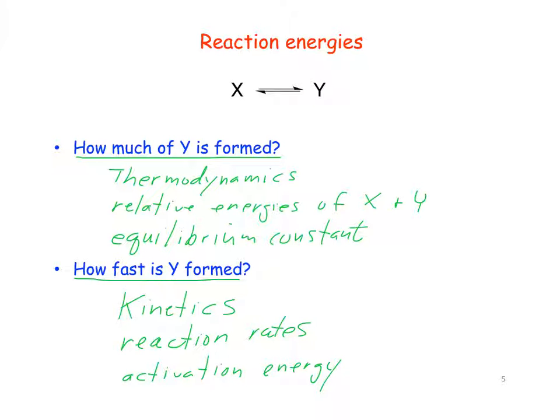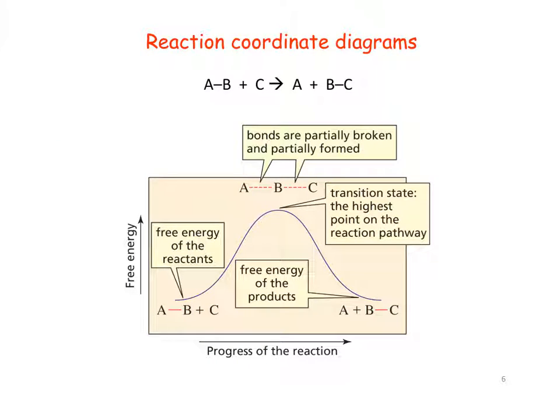All right, so we can oftentimes diagram out these energies by using a reaction coordinate diagram. All right, so in this generic reaction here, we have some molecule AB is reacting with C, and C is displacing A. All right, so this could be some kind of a substitution reaction.